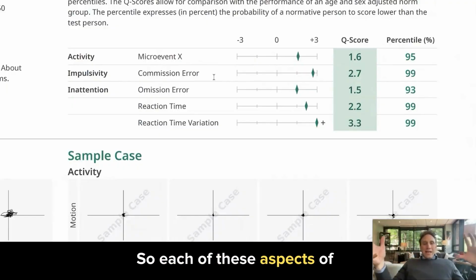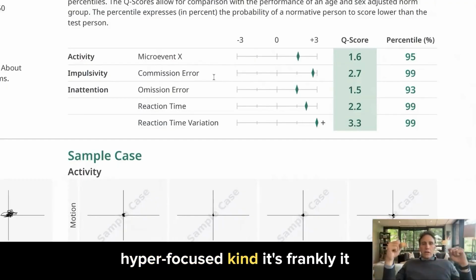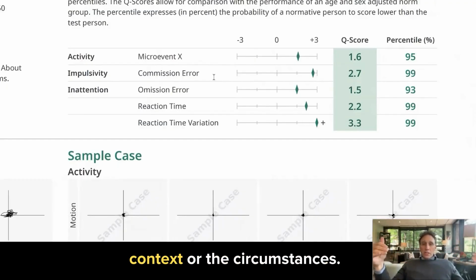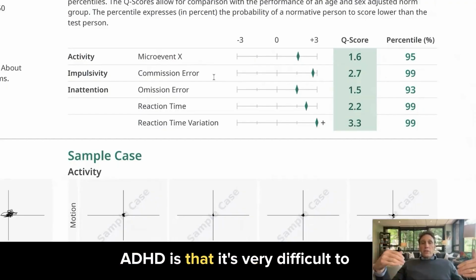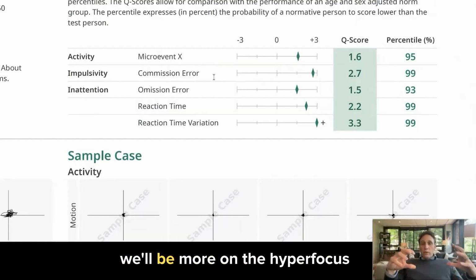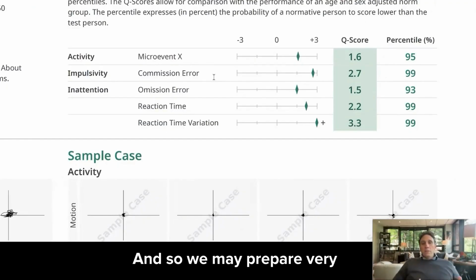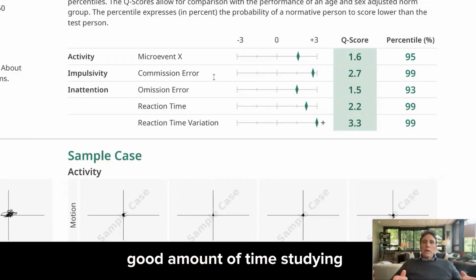So each of these aspects of impulsivity, whether it's the distracted kind or the hyper-focused kind, it can be a good news or bad news situation depending on the context or the circumstances. What's most challenging for ADHDers is that it's very difficult to control. We often can't predict when we'll be more on the hyper-focused side or the distractible side. And so we may prepare very well for, let's say, an exam, for example, and we're walking into it, we're prepared, we spent a good amount of time studying.